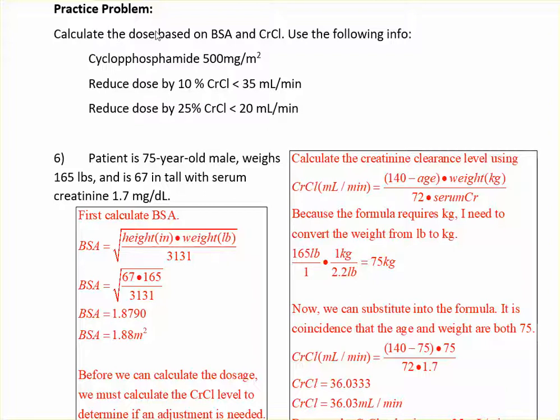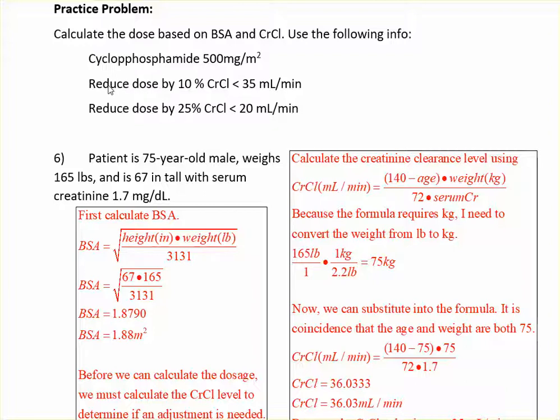Calculate the dose based on BSA and the CRCL numbers using the following information. This medication, cyclophosphamide, is 500 milligrams per square meter. That's making me think that, yeah, I am going to have to use BSA because body surface area is always in square meters.